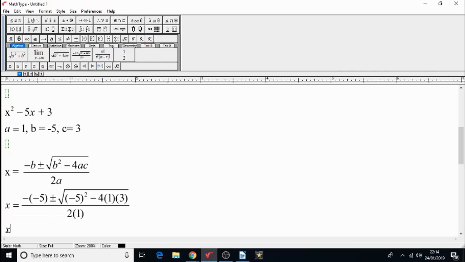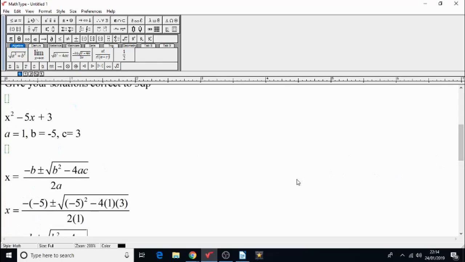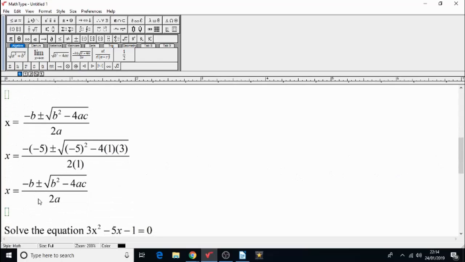So now we know our signs. Minus b, minus 5, is the same as writing positive 5. Square root of minus 5 squared.